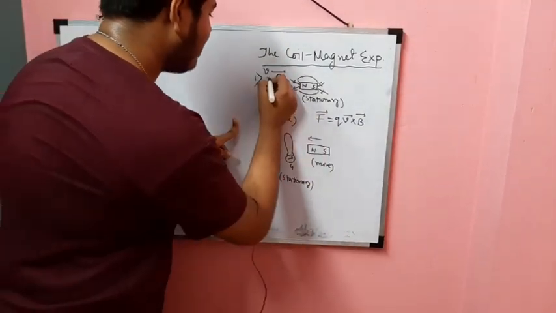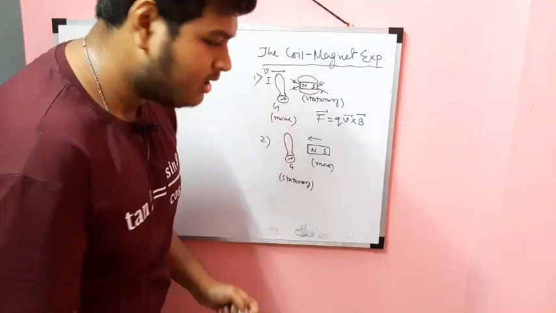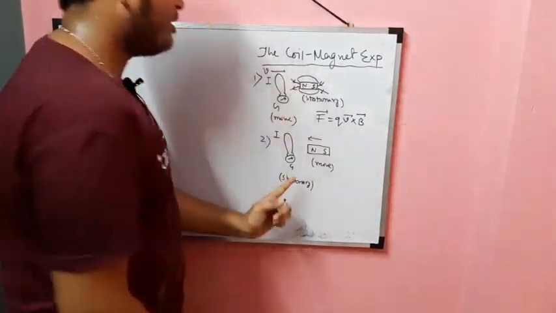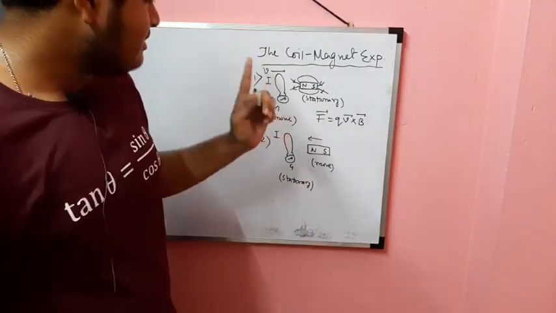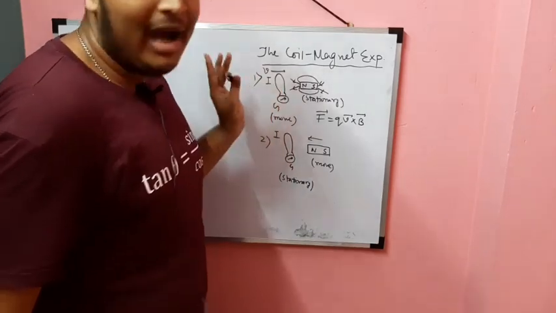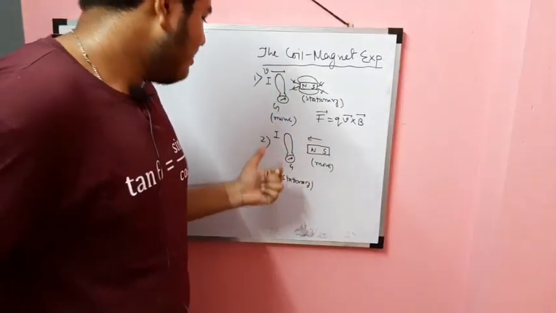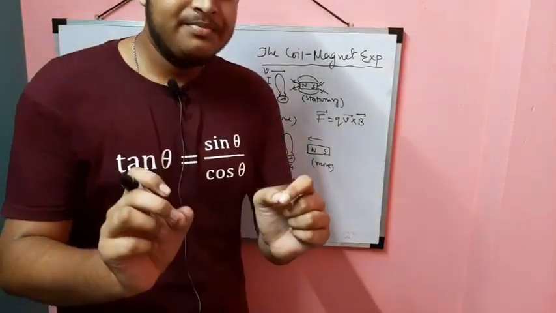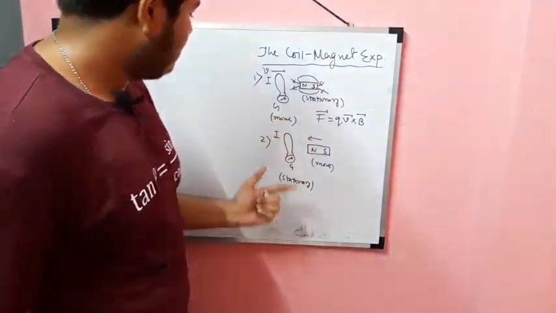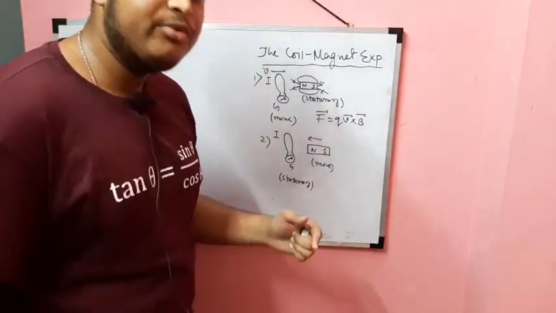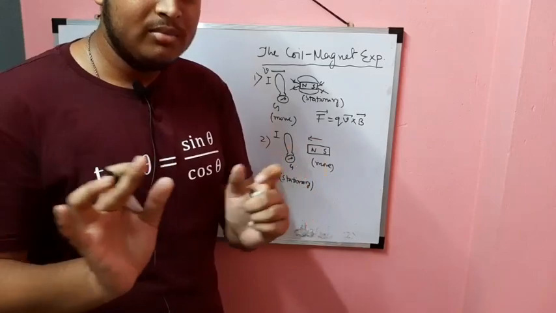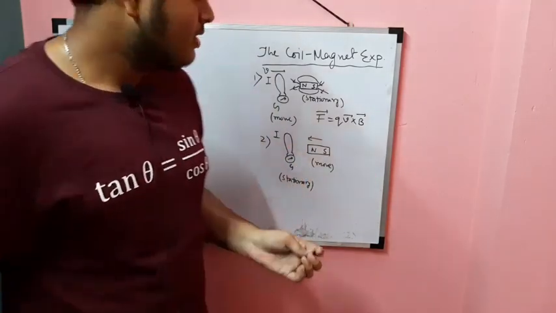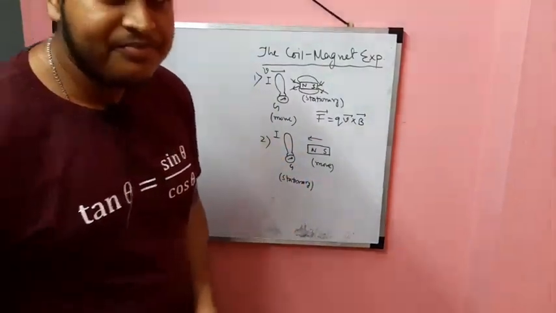Here also a current is produced, an induced current, here also the same current. In this case the current produced, let it be I. So here a similar kind of current, not exactly but I.